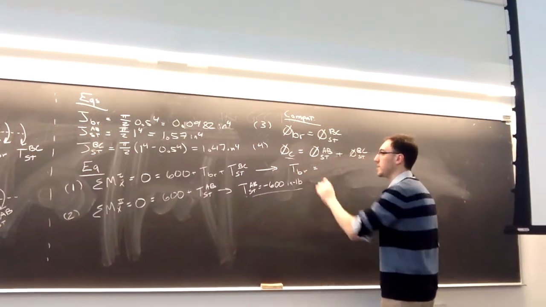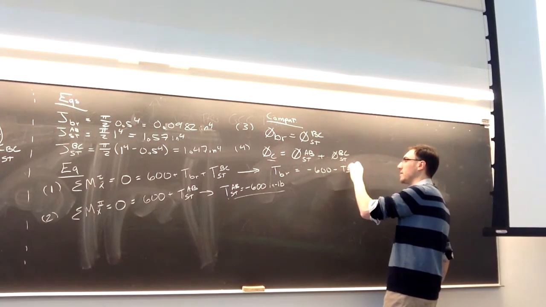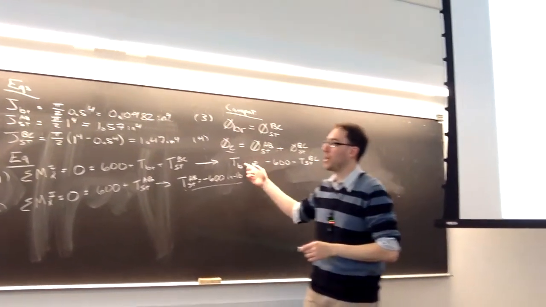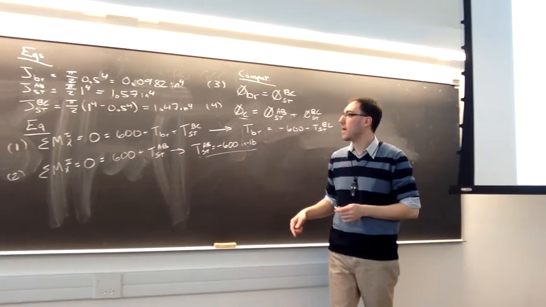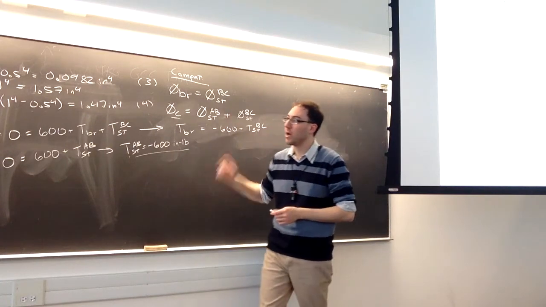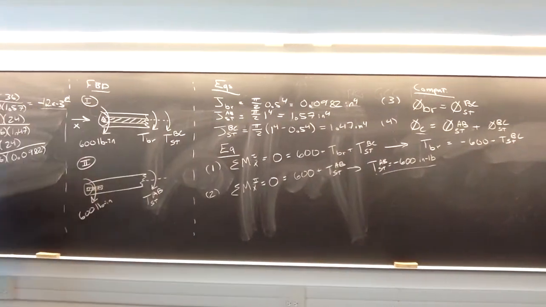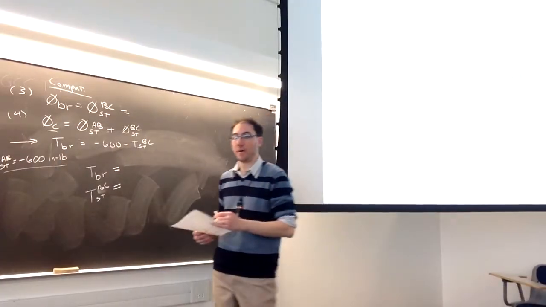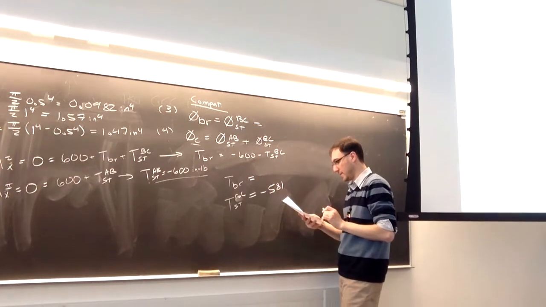So T brass we can say is negative 600 minus T steel, BC. We can put that into equation 7. And then we know from equation 3, because their angles of twist have to be the same, we can then equate equation 6 and equation 7, solving for that unknown. Negative 581. Yeah. And that is in inch pounds.